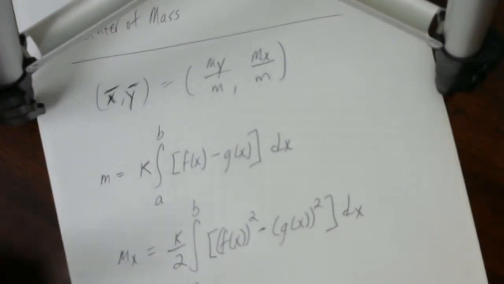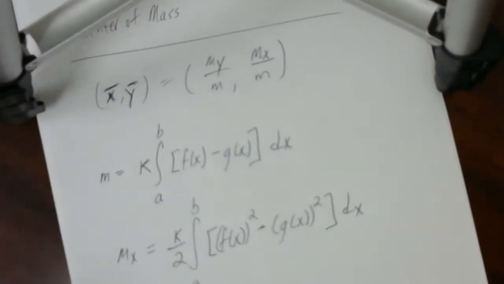Notice that this is entirely different from the previous example where we multiplied the mass times the y coordinate. Here there is an integral to find the moment about x.